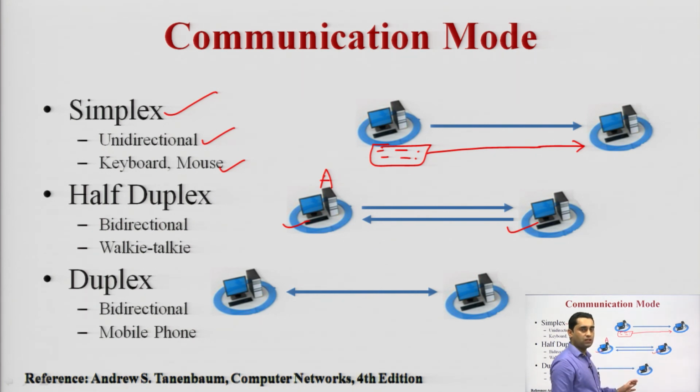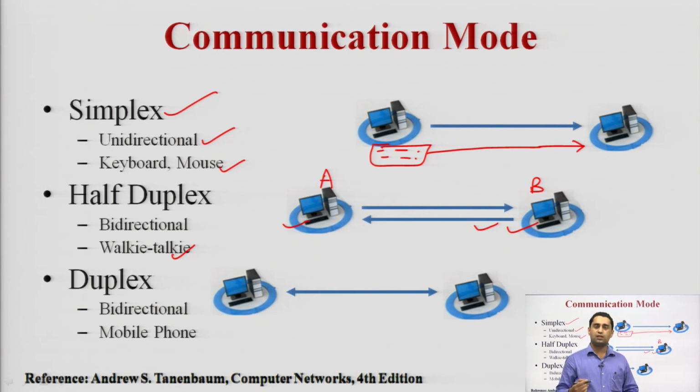Once the data transfer from A is done, only then B is able to send data to A. So, this is known as half duplex communication mode. The best example is the walkie-talkie. We have seen these types of examples in the movies, where they are carrying the walkie-talkie and saying okay, over and out, yes, up to you now.